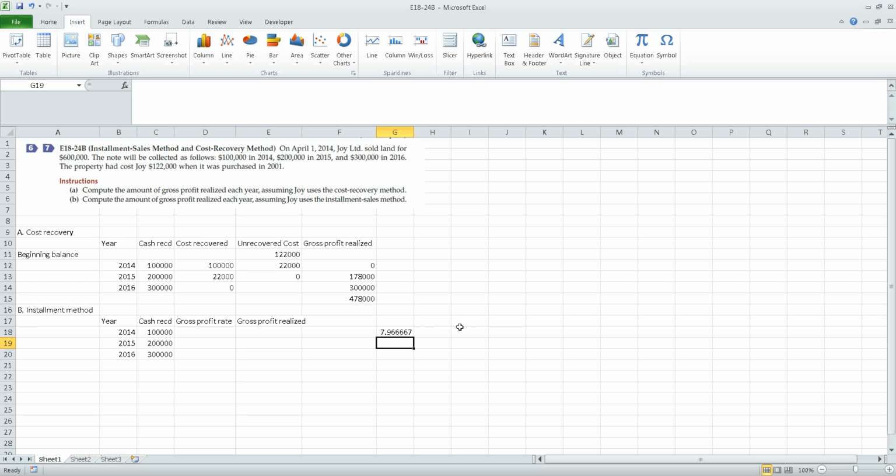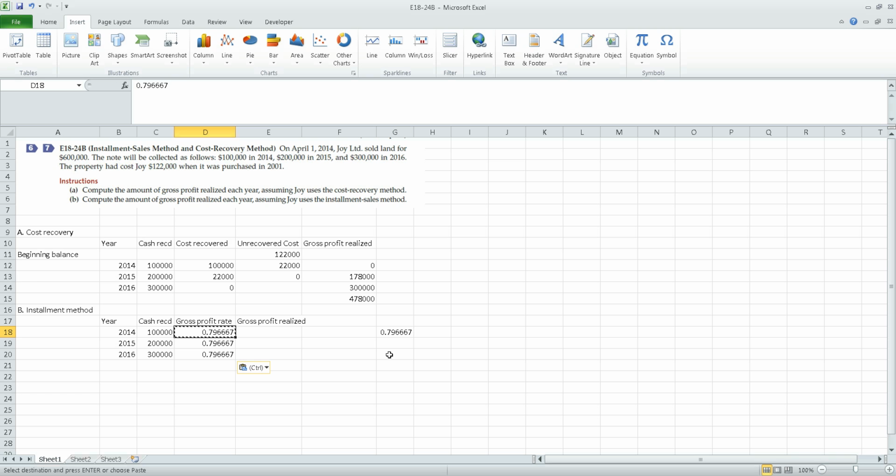I added too many zeros in the numerator. So it's 478,000 divided by 600,000. That gives us our gross profit rate of 0.796667.